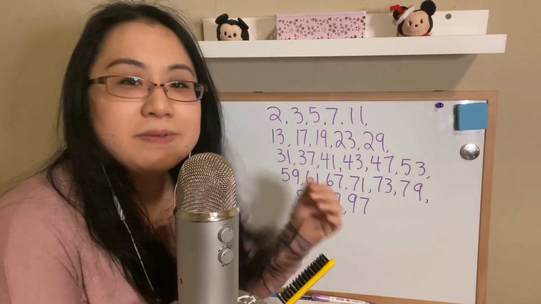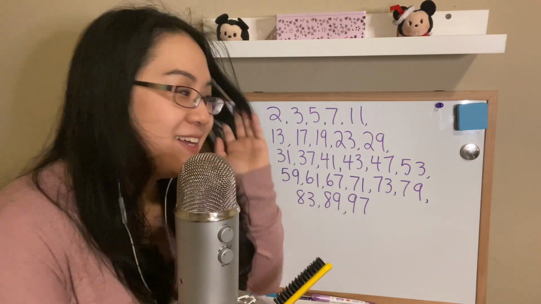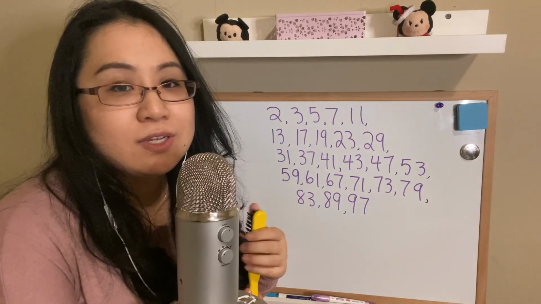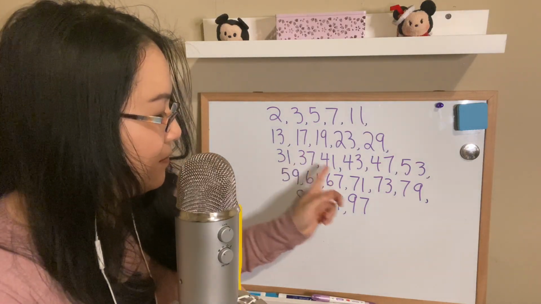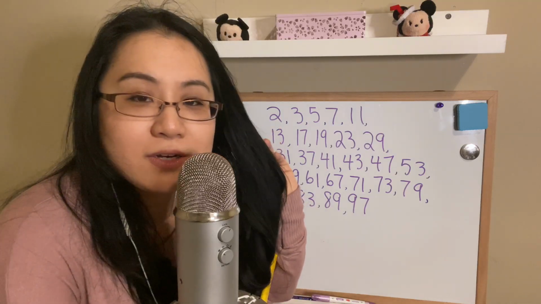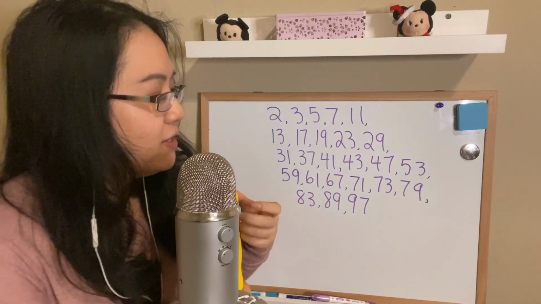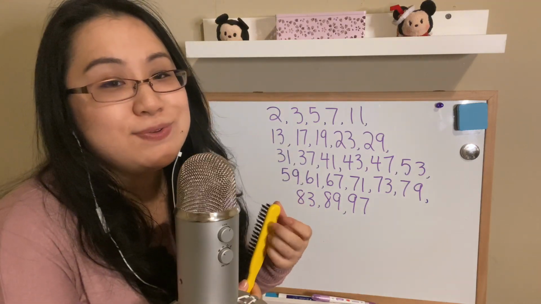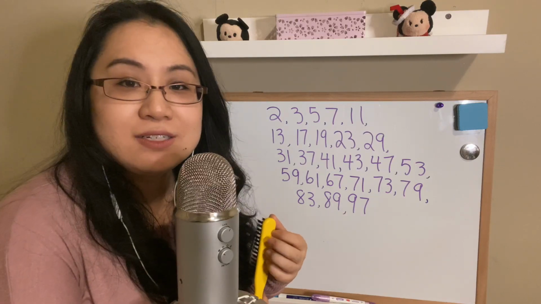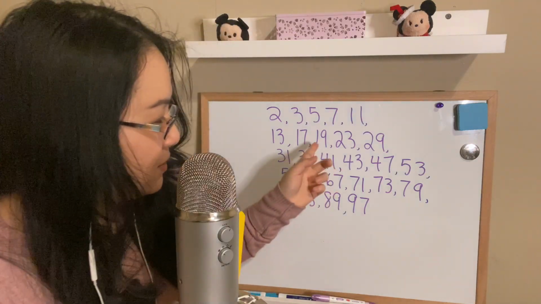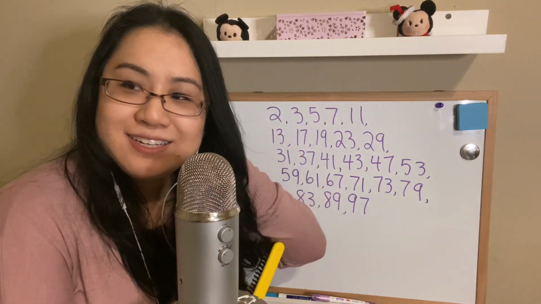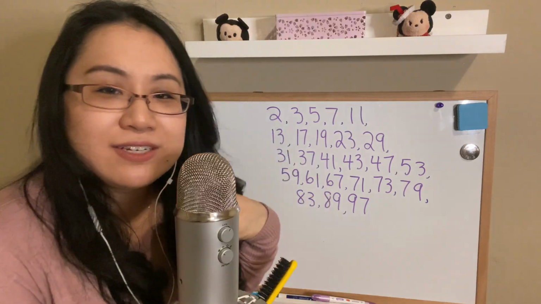And what were we on? 72. 73 is prime. 74 is 2 times 37, which is prime. 75 is 3 times 25, which is 5 squared, so 3 times 5 squared. 76 is 2 times 38, which is 2 times 19, so 2 squared times 19. Is that what I'm on? I think so. 77 is 7 times 11.